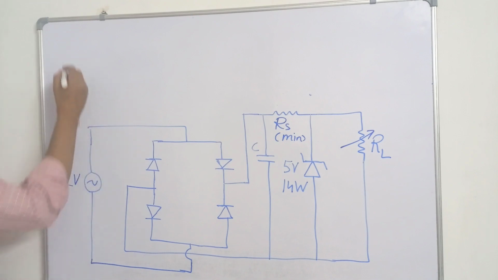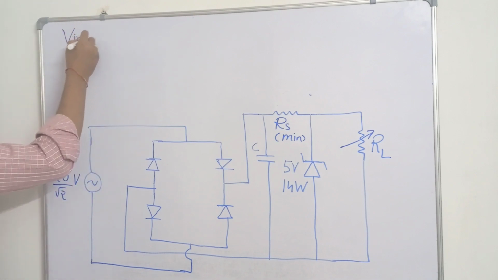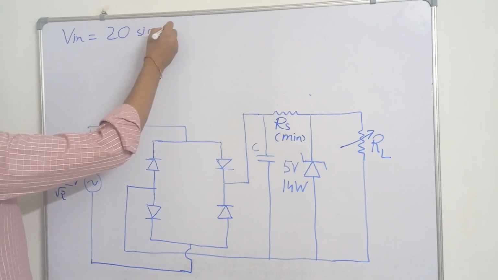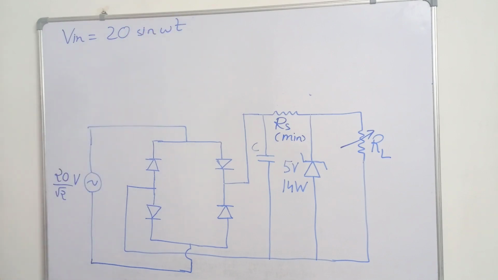Let's say it is V in, so we can write V in equal to 20 sine omega t. So this is the equation of V in. Its RMS value is 20 upon under root 2 and the maximum value can be 20.